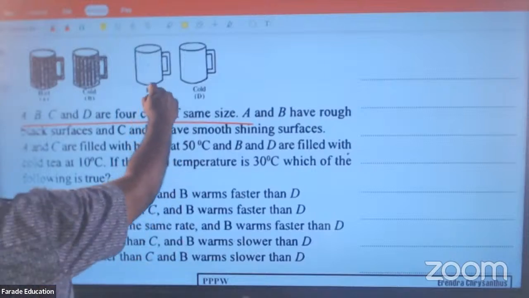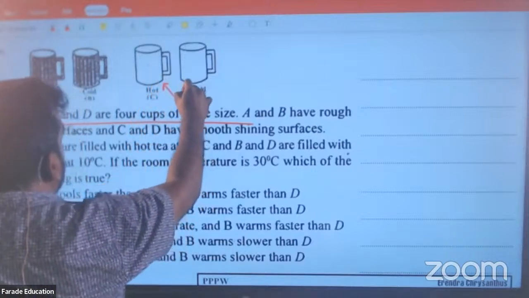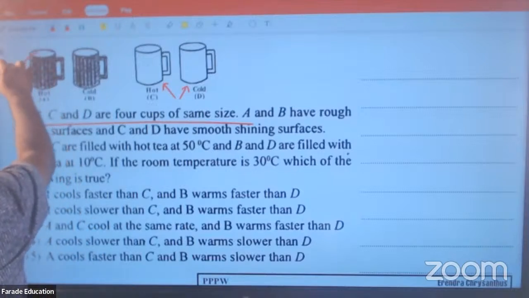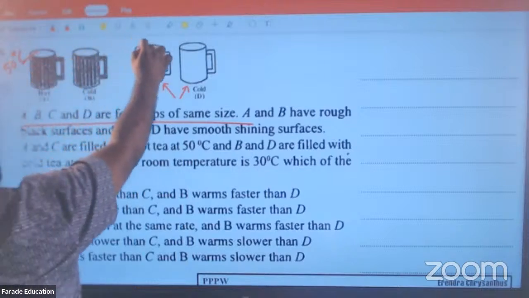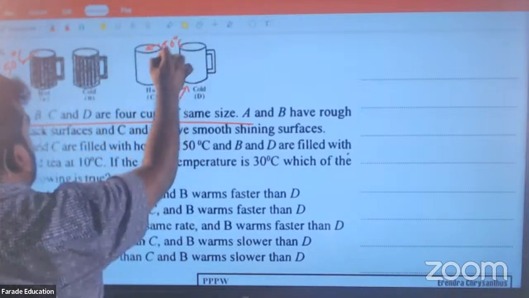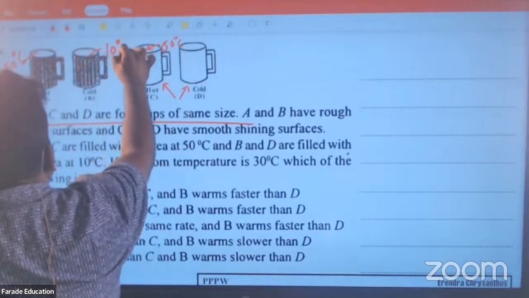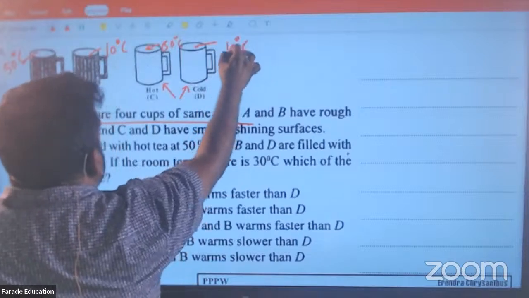C and D are smooth, shiny surfaces, weak absorbers or weak emitters of radiation. A and C are filled with hot tea at 50 degrees Celsius. B and D are filled with tea at 10 degrees Celsius.